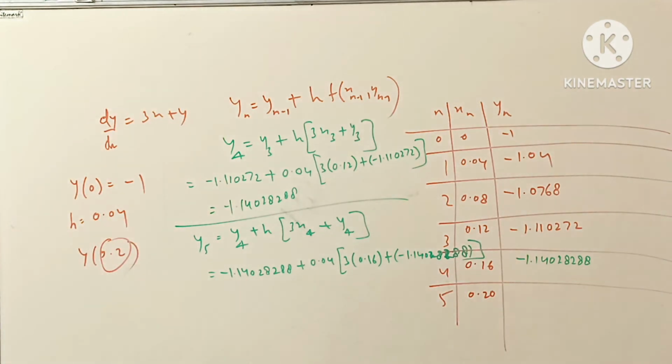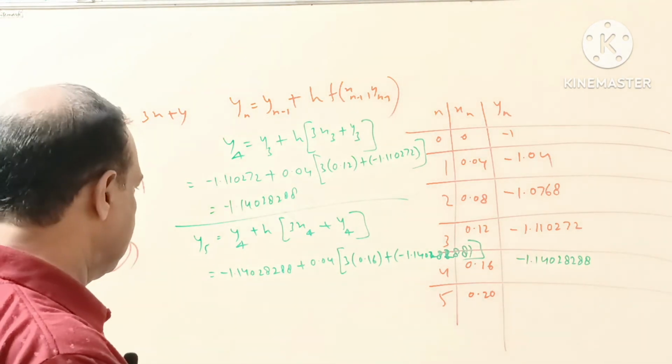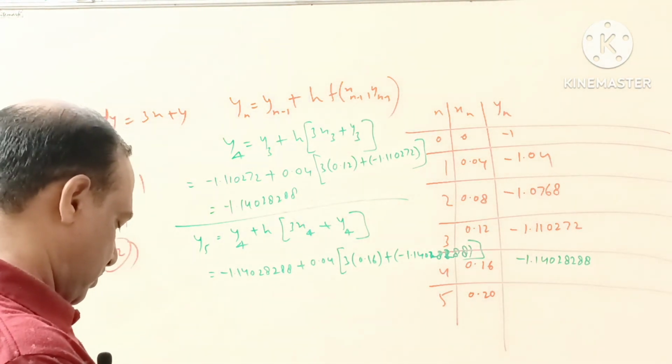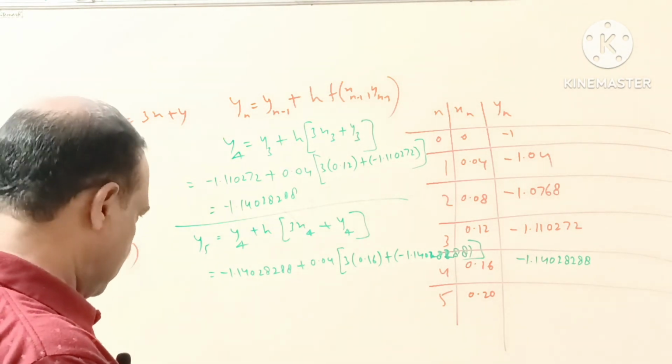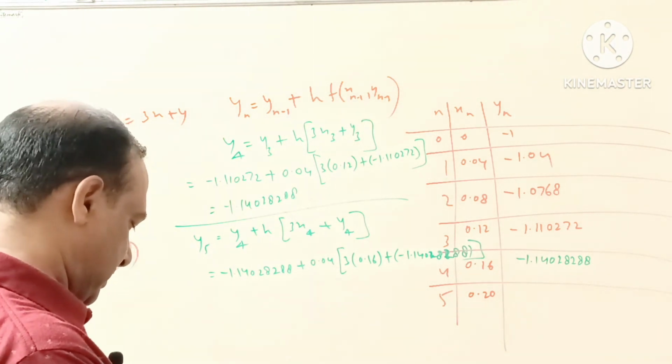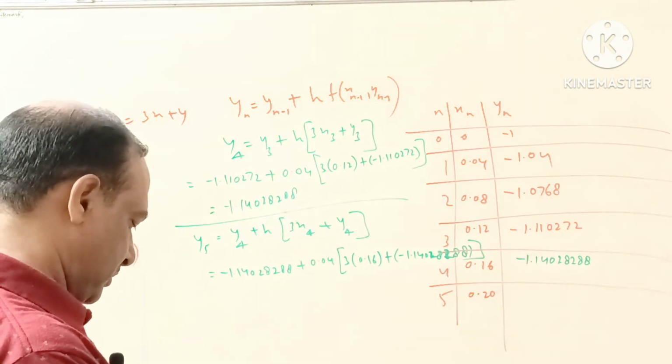Now I am again solving this down. It will give me some values. This is minus 1.1402828 plus 0.04.